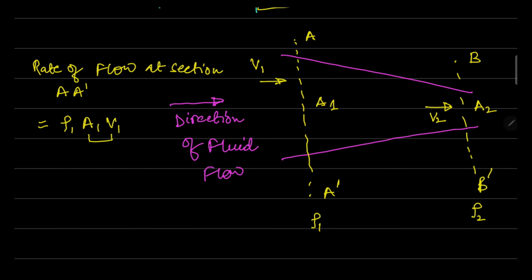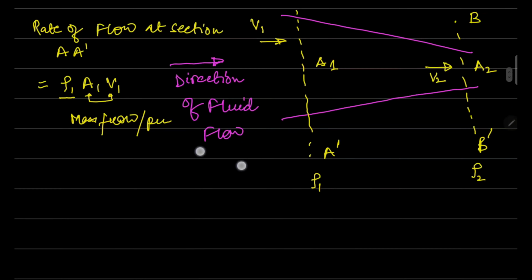Area into velocity gives us the volume which is flowing through per second. However, once we multiply with the density of the fluid at this section, this will give you the mass flow per second at the section AA dash.